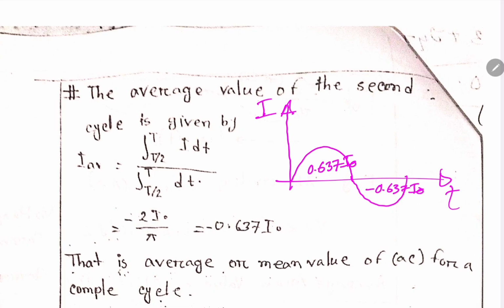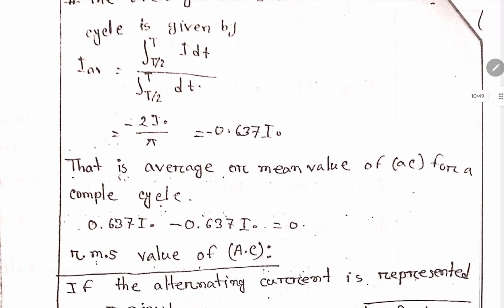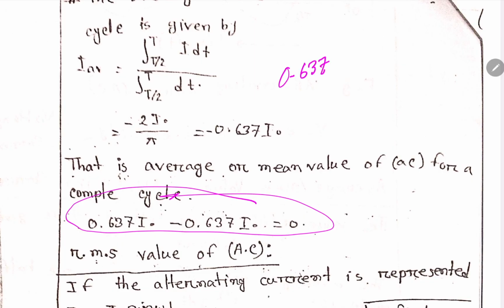So for the full cycle, if you add these two, you get 0. For the full cycle, the average or mean of complete cycle is basically 0, because you just simply add them and you get 0, right? So that's all. For the complete cycle it is 0, and for the half cycle it is 0.637 I naught.